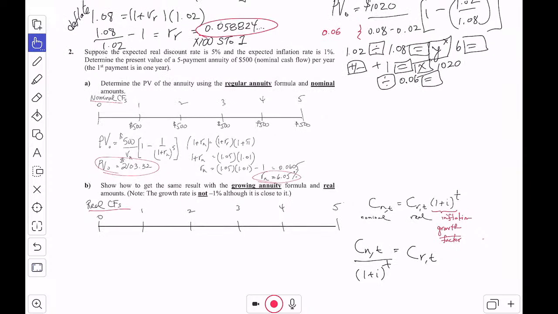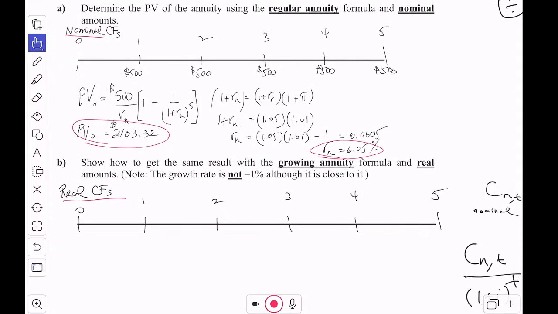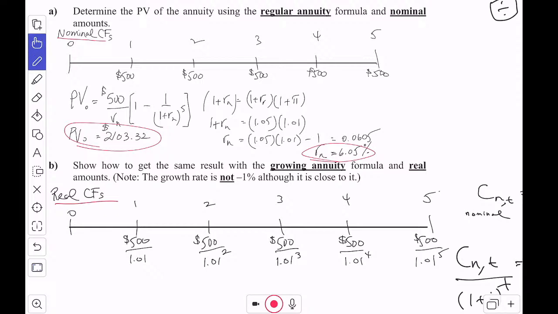So the first amount will be $500 deflated by 1 period of inflation. The second amount, so they're going down, right? That's what we anticipated because these were nominal amounts not adjusted for inflation. So the purchasing power, which is reflected in real cash flows, has dropped each year more and more, declining. So those are the real amounts.